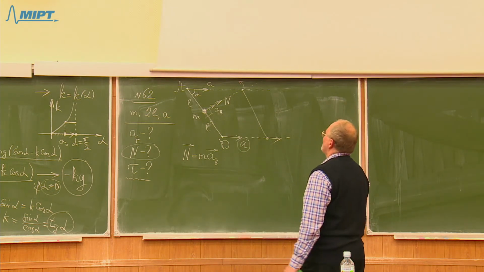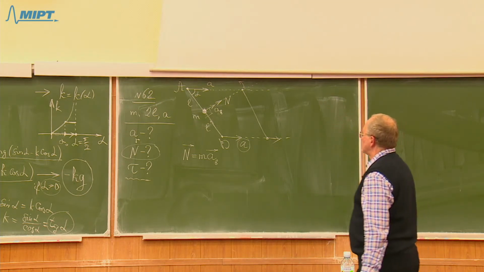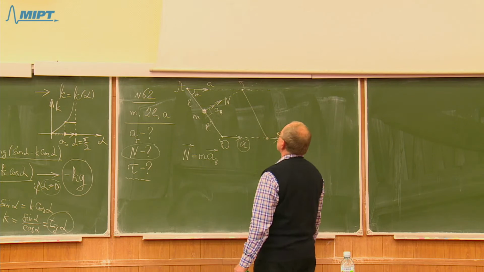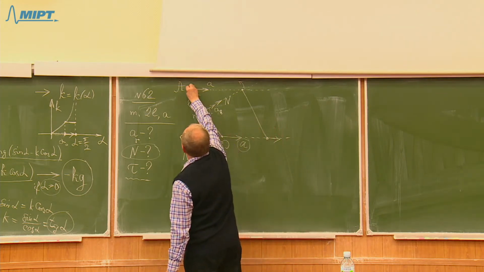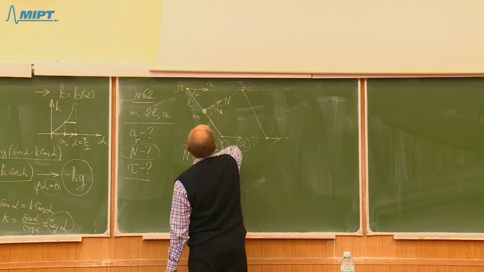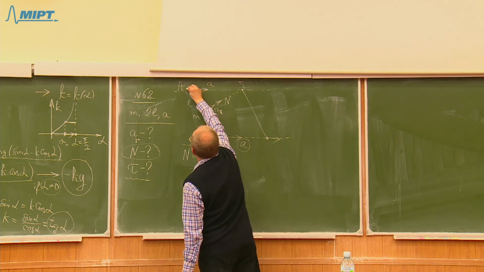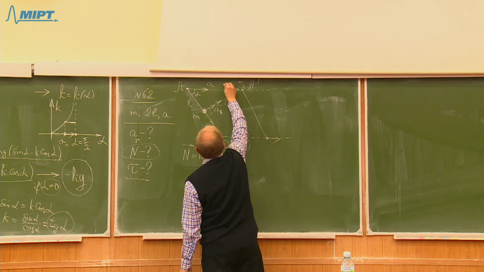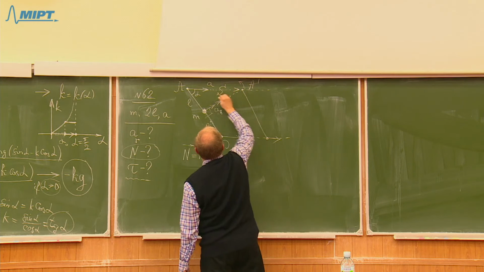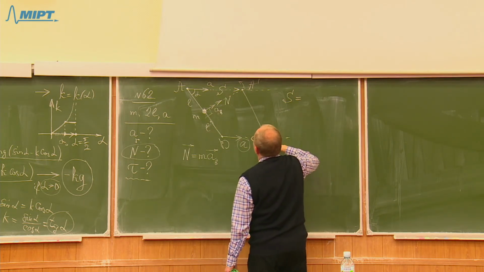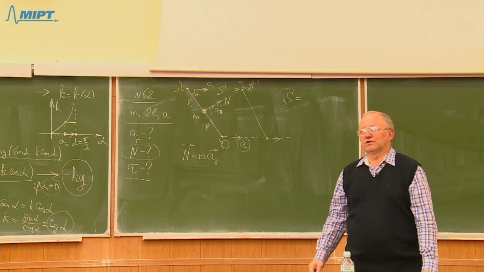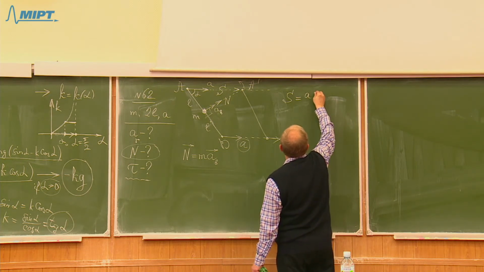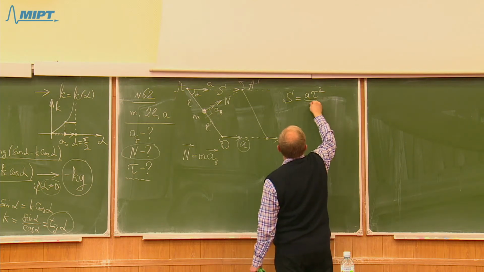So that is something in the solution of this problem. That is a very important observation, because we know that point A is accelerating at acceleration A. It means that the displacement of point A from position A to A prime, this displacement of point A, which can be denoted by S, due to the well-known kinematics formula, can be expressed as A time interval squared over 2.